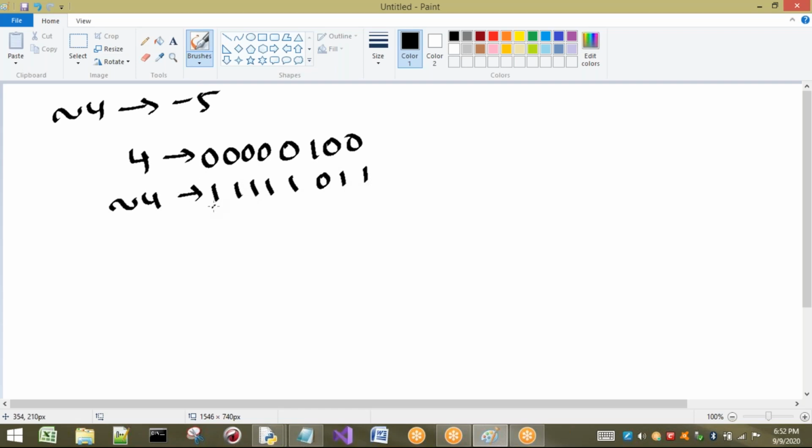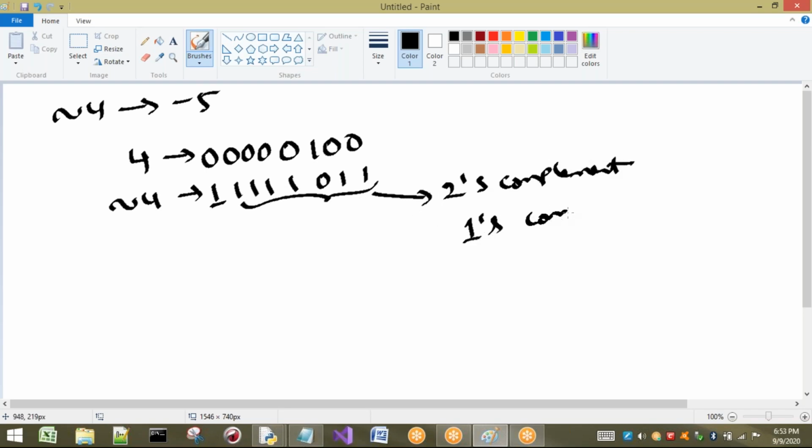Now, by seeing this symbol you can understand it is a negative number. Negative numbers cannot be stored directly inside your memory, so we have to convert this value to a positive, and the negative sign is going to be attached to that number. So this value has to be converted into a 2's complement number. How is it going to be converted? See here. 2's complement is nothing but first we perform the 1's complement, and for that 1's complement number we have to add plus 1.